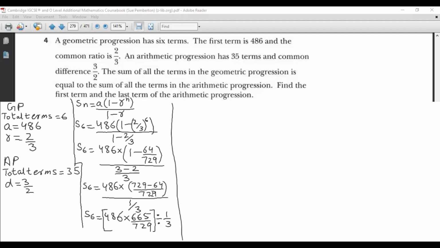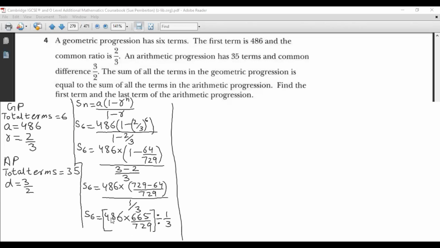Right now, simplifying this one first of all, so that I can see what can be my result over there. So first of all, I will be simplifying these three, 486 into 665 divided by 729.